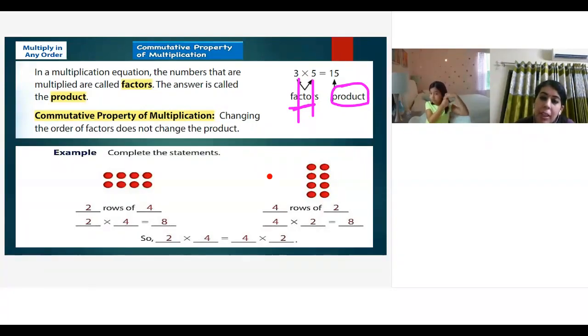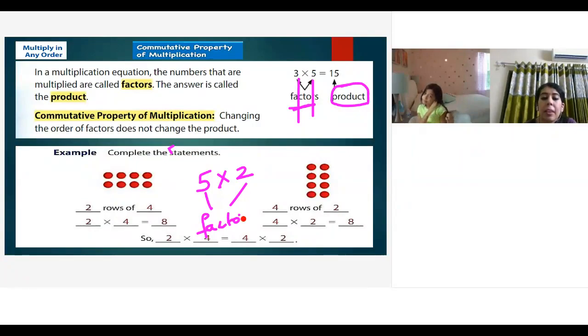Got it. So if I multiply 5 times 2, what are 5 and 2? If I multiply 5 into 2, they are both known as factors. Got it? Got it. And the answer is known as product.